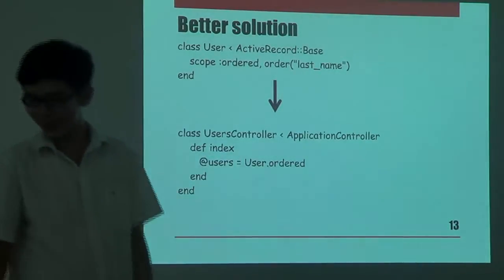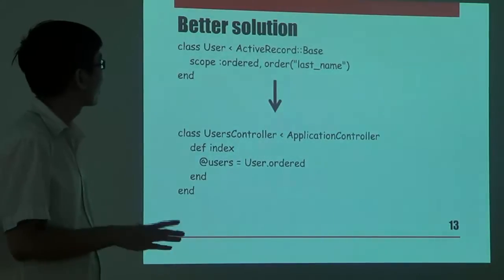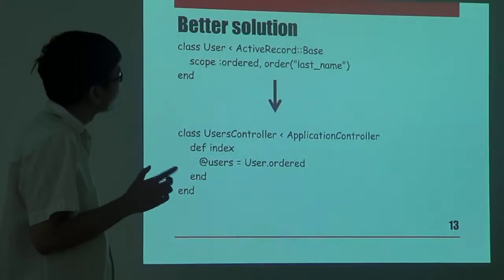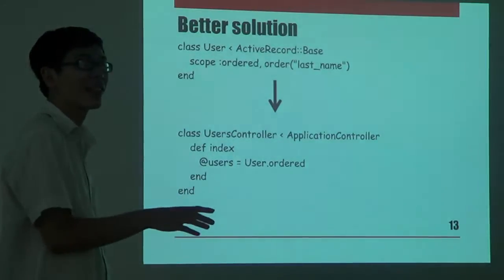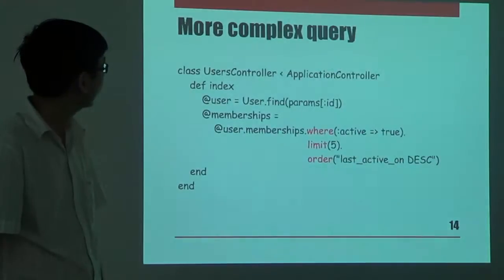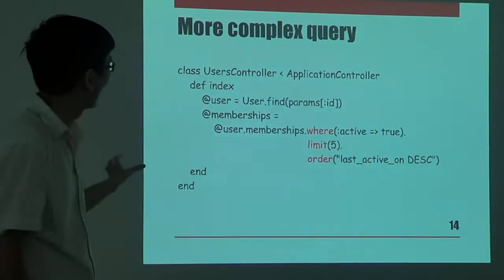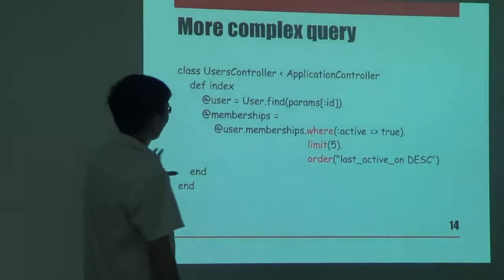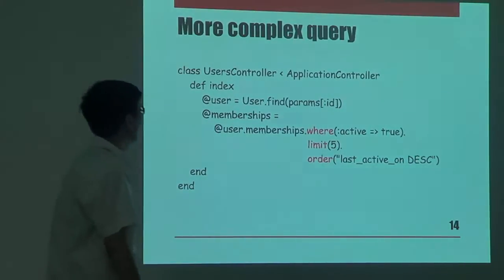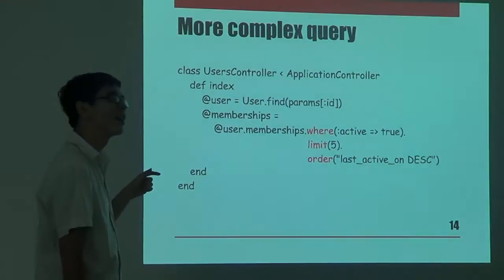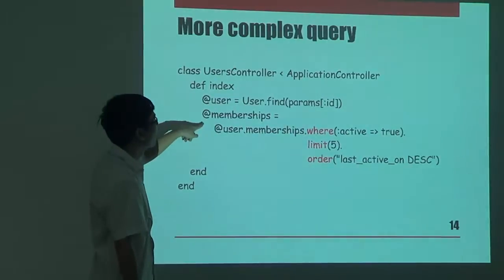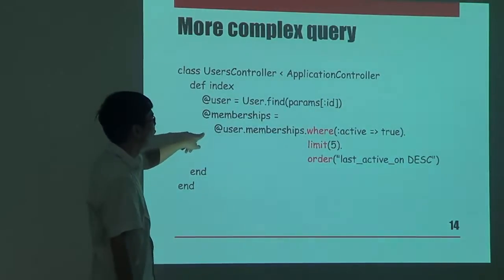And named scopes have a good feature, which is that we can chain named scopes together. For example, when we have a very complex query like this, something like a social network database, we have users, and we have to find the memberships of these users.